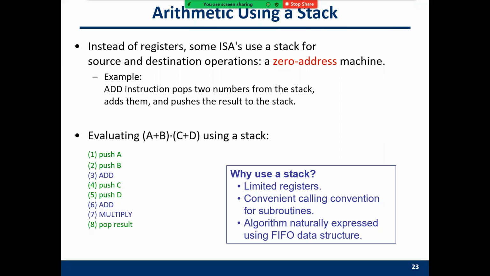For this equation, there are two additions and one multiplication. So first we push A into the stack, and then push B into the stack, and then we push C and D into the stack, and then we do the multiplication.